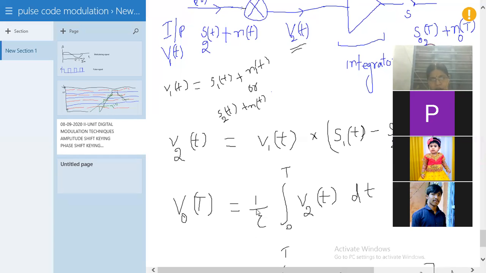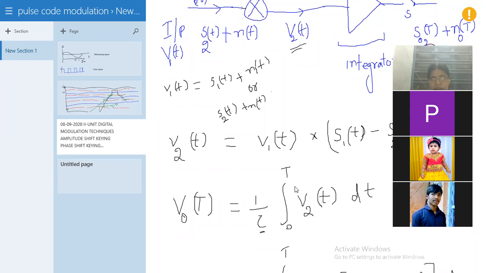V0 of t is equal to 1 by tau times the integration from 0 to T. Tau indicates the time constant here. 1 by tau indicates RC, which is the definition of the time constant: the time taken by the capacitor for charging and discharging. So that is the integrator constant.